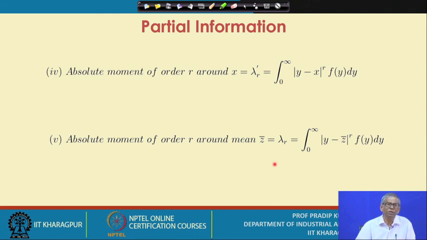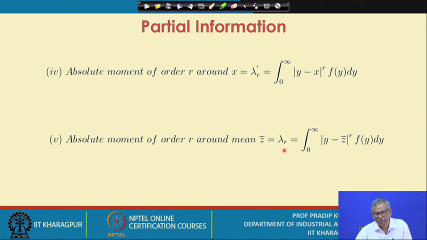So obviously, when you are not aware of the type of distribution for the demand, why don't you use one or more of these inequality expressions? One important inequality is the Chebyshev's inequality, and it has a close resemblance with the absolute moment of order r around mean z bar, that is lambda r.